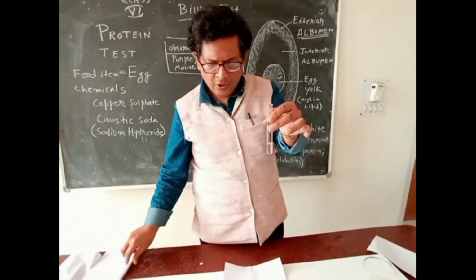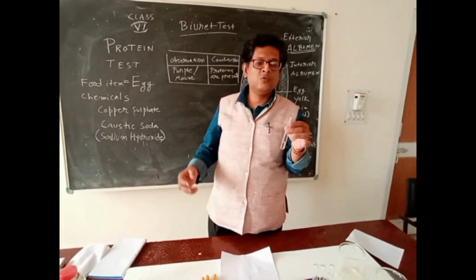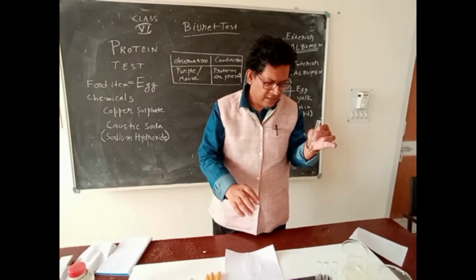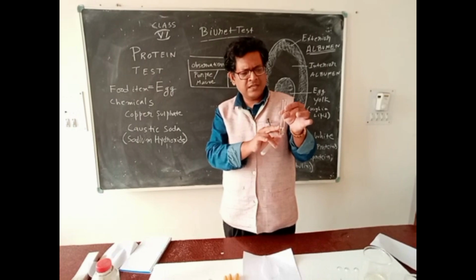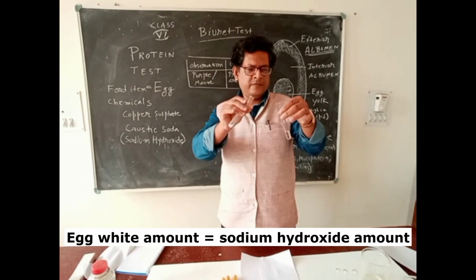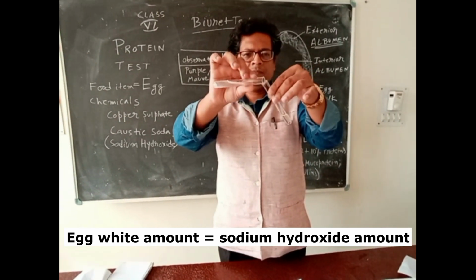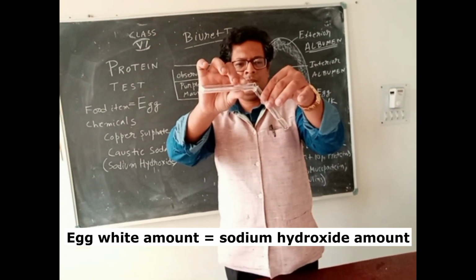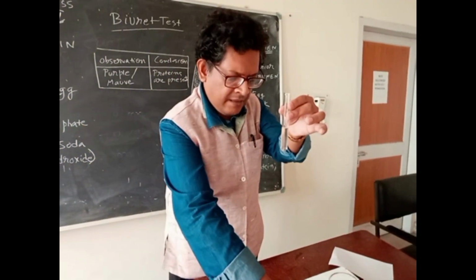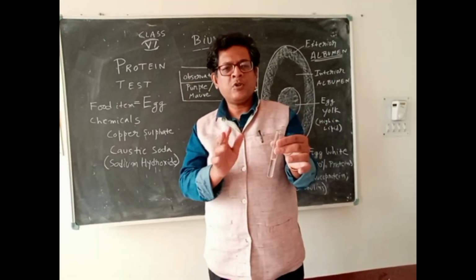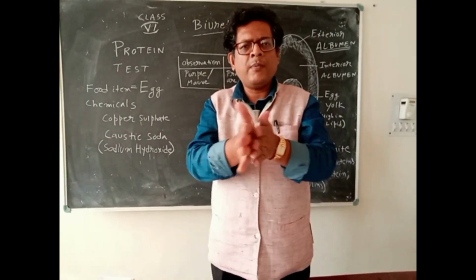Though it is written in the textbook that it is 10 drops of sodium hydroxide and 2 or 3 drops of copper sulfate, I am pouring the sodium hydroxide in approximately equal amount to the albumin. Then I mix it by rubbing, not shaking. You can shake it, no problem.